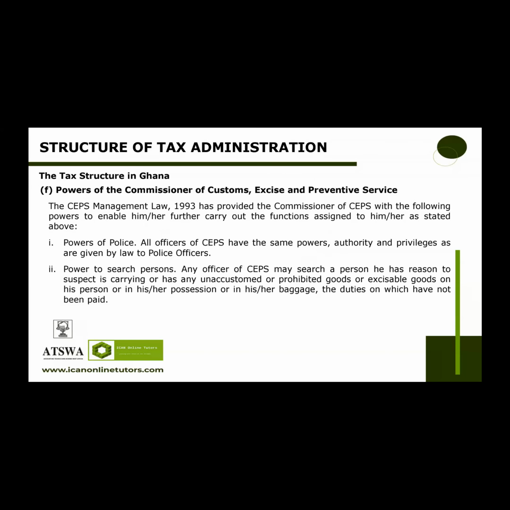Now let's take the powers of the Commissioner of Customs, Excise and Preventive Service. The CEPS Management Law, that is the Customs, Excise and Preventive Service Management Law of 1993, has provided the Commissioner of CEPS with the following powers to enable him or her further carry out the functions assigned to him or her as stated above.